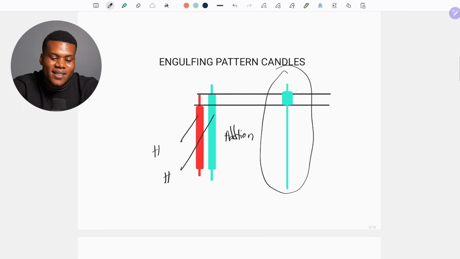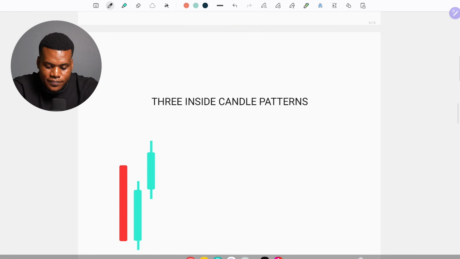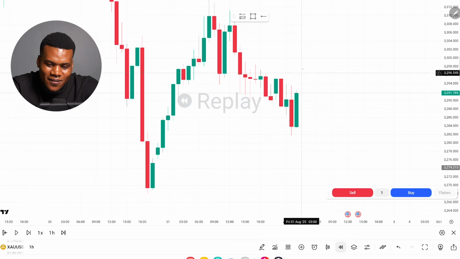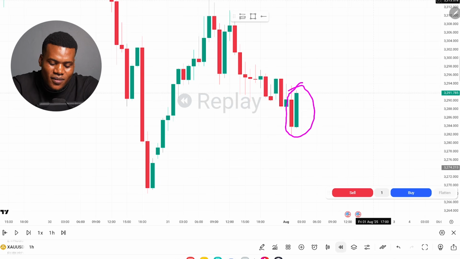This is the 2H time frame. If you go on the 2H time frame, you will find something which is like this. Let's go on the chart and see it properly. This is the engulfing pattern candle, guys, on the 1H time frame.